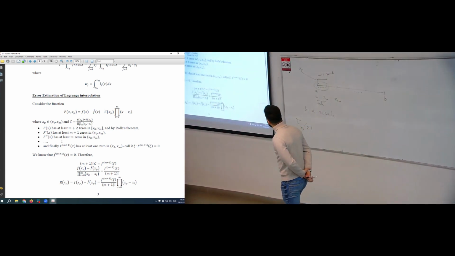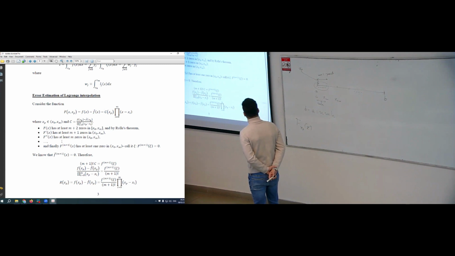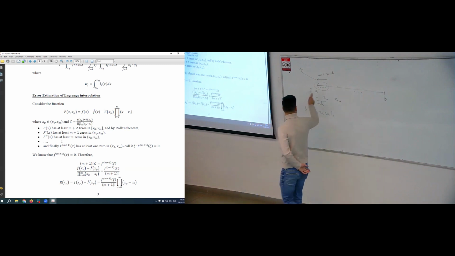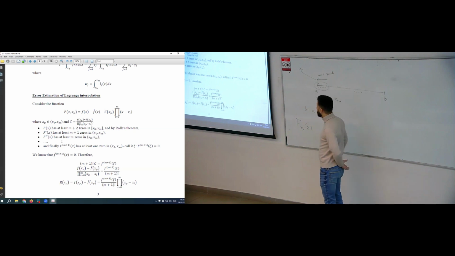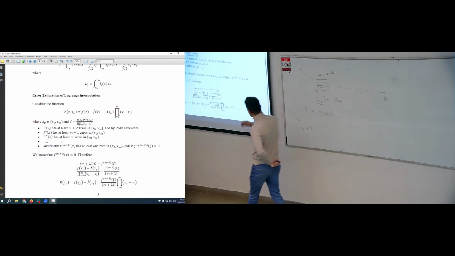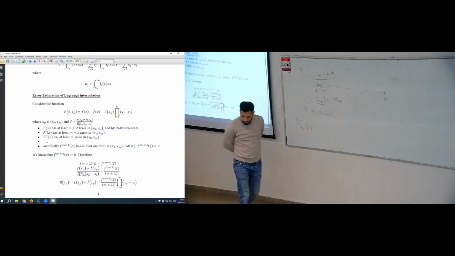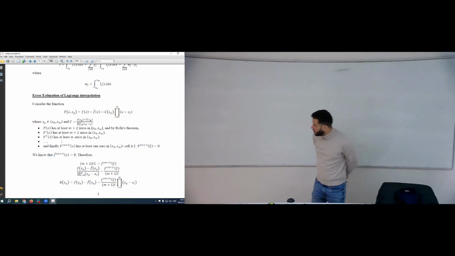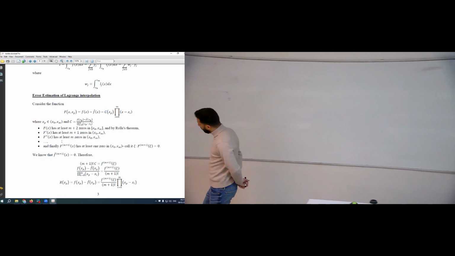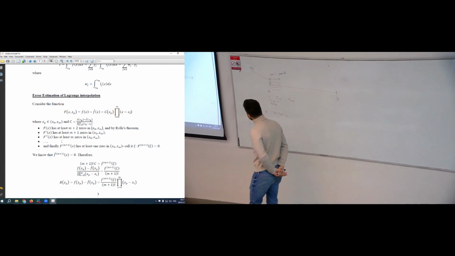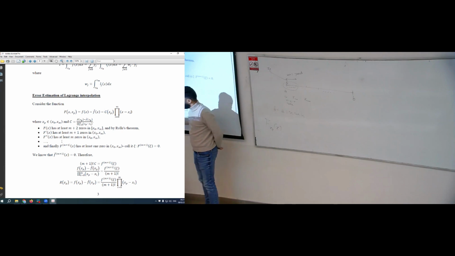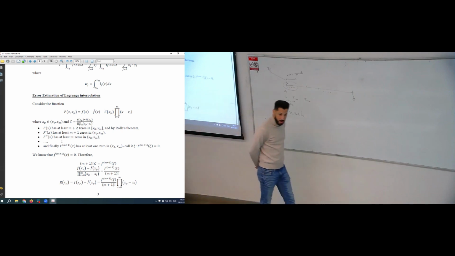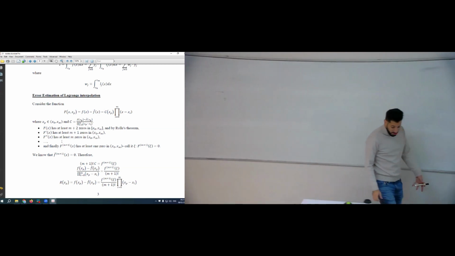Because we have m plus 1 polynomial factors to the right, because it is 0 at each point of these, and it is 0 at xp. By construction, I defined it to be 0 at xp. So that's for you, maybe for the first time, the error of our Lagrange interpolation.